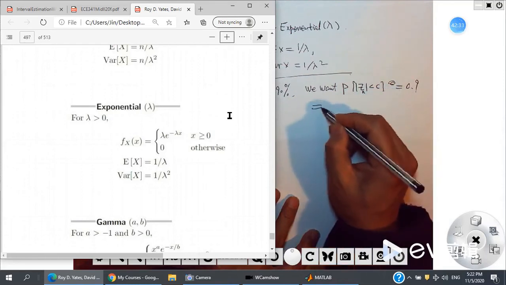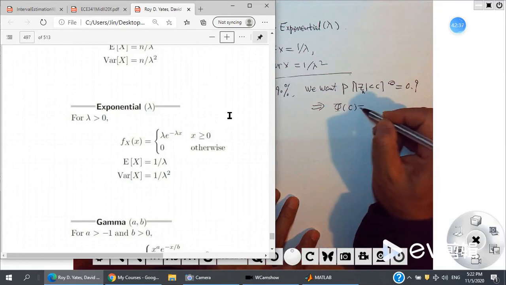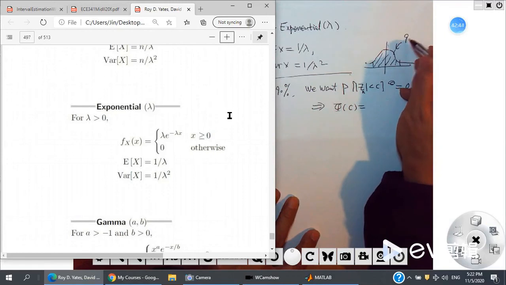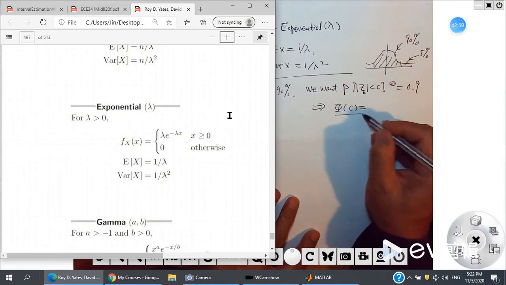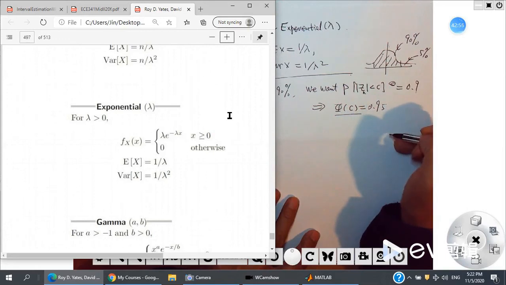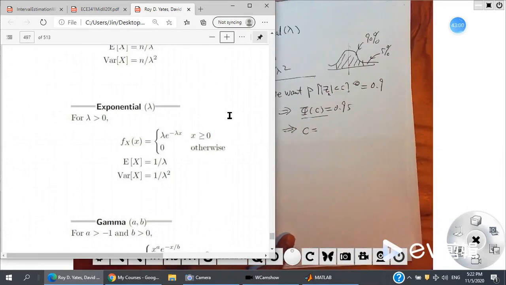So that means phi of C is equal to, similar to last time, this part is 90%, so here will be 5%. Then phi C will be 1 minus this, which is 0.95.